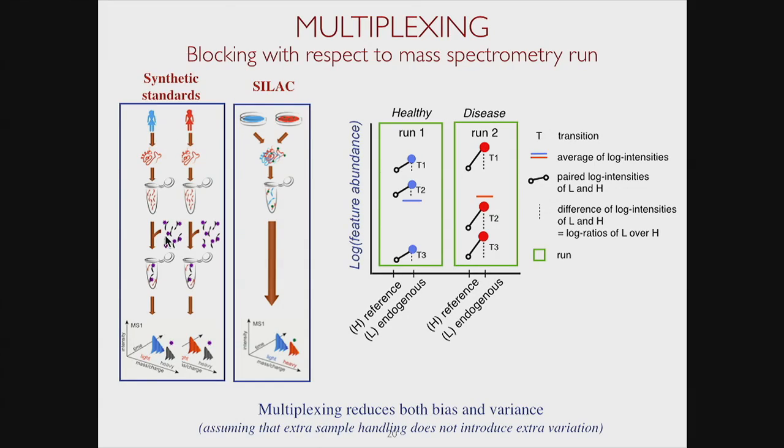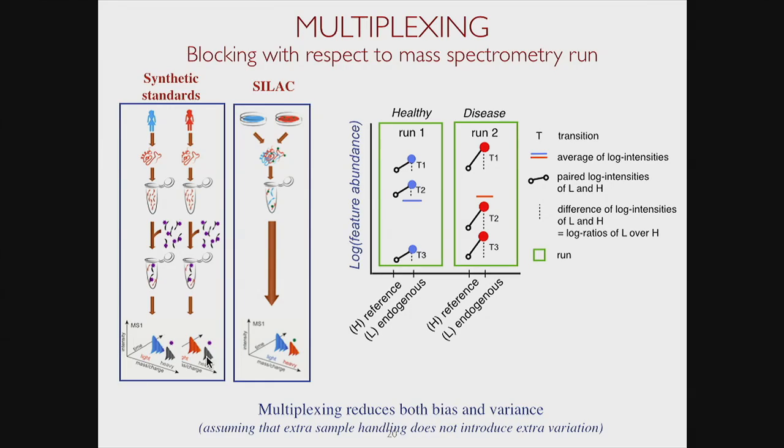So we have healthy and disease. We add heavy labeled peptides, either synthetic peptides or maybe with some other type of labeling, in the sample. And so now within each run, we don't have one peak, but actually a pair of peaks, right? This is the endogenous healthy, and this is the reference one. And this is, again, endogenous disease, and this is a reference one.